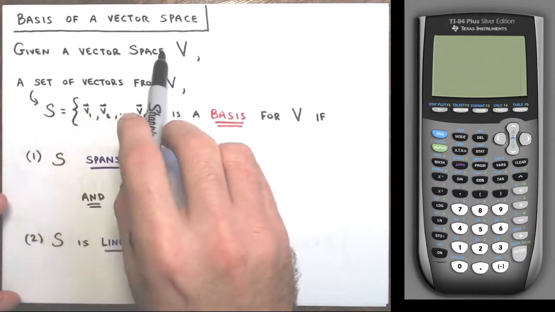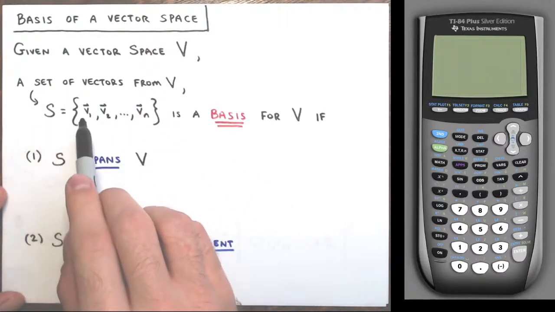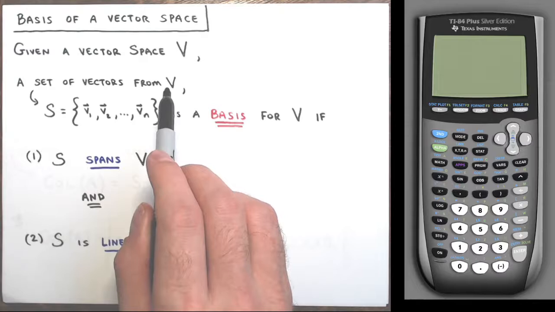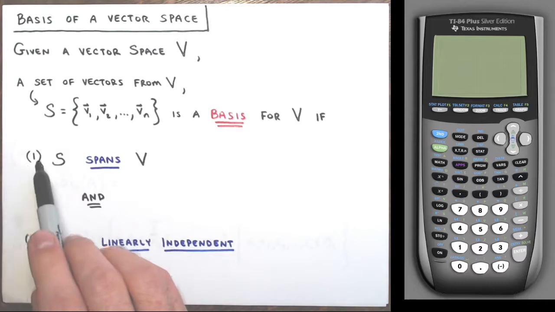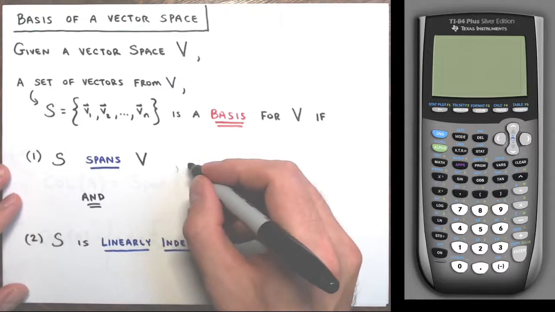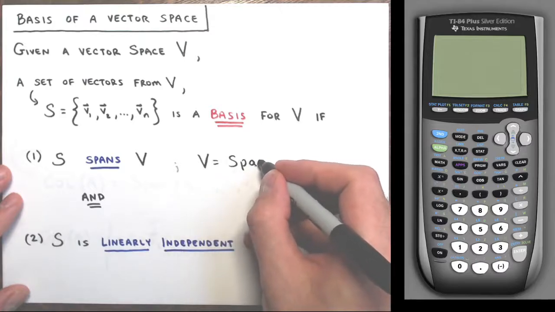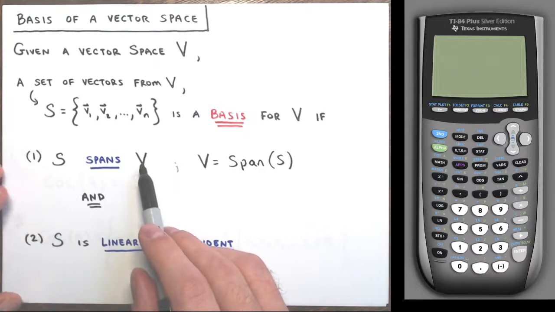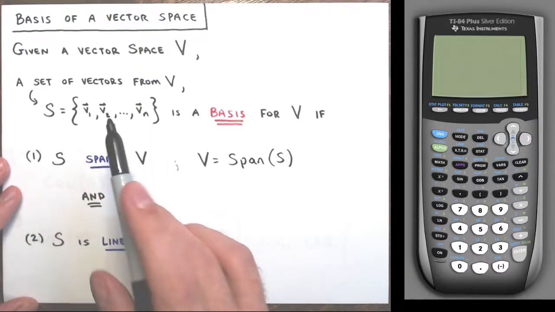So given a vector space V, a set of vectors from V, say S, which has vectors v1, v2, all the way up to say vn, all from some vector space V, is a basis for V if, one, S spans V, which is just saying that V equals the span of S, same thing. That just means every vector in the vector space can be written as a linear combination of the vectors in S.